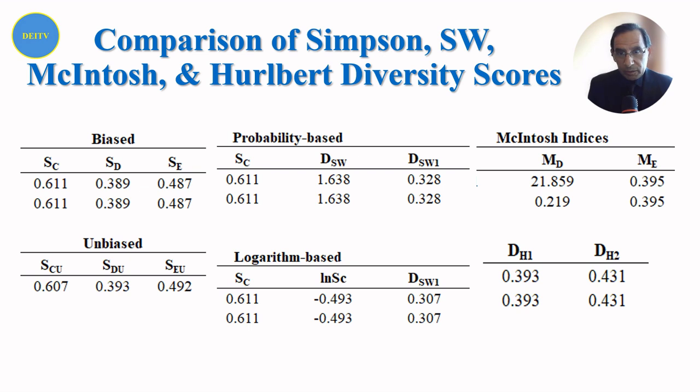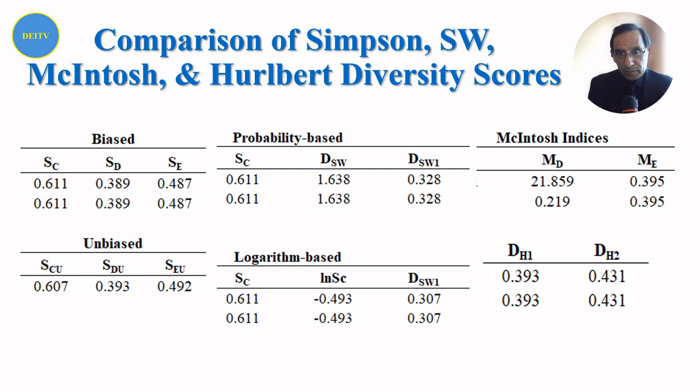In episode 3, the standardized evenness score for the McIntosh index was 0.395. When I applied the first Hurlbert index to the ethnic data, that gave me a diversity score of 0.383, which is more consistent with the McIntosh evenness standardized score, and more in line with the probability-based Smith and Wilson index score.